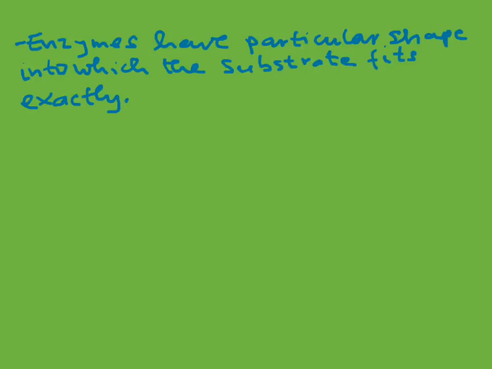This is important. We have explained this in the previous lessons, because the shape of the active site must be in conformity with the shape of the substrate, without which the substrate will not be able to fit adequately in the active site of an enzyme.